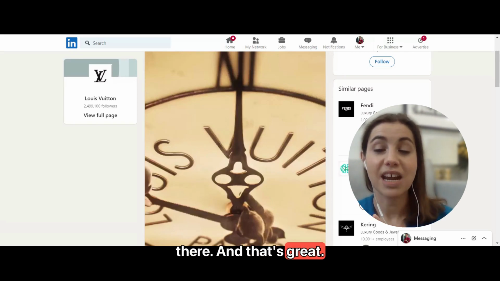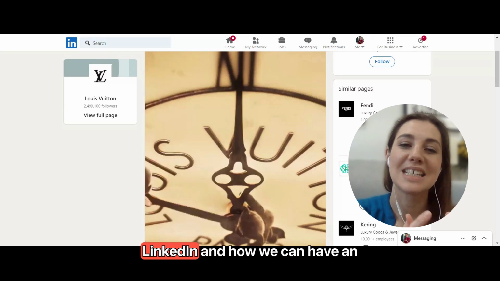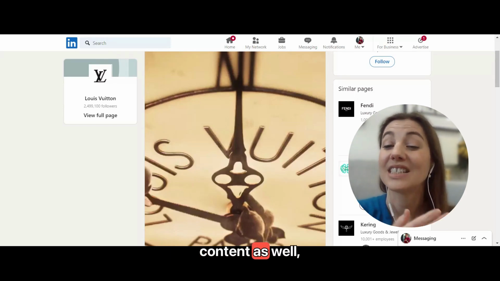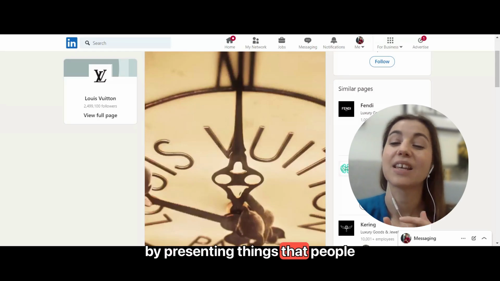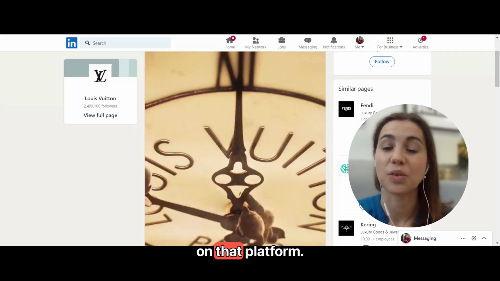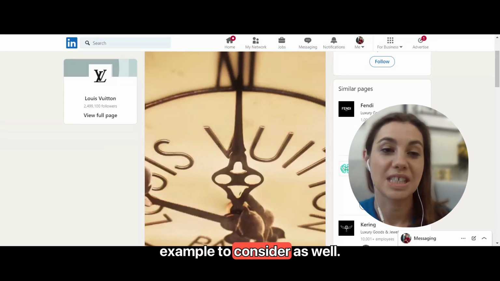And that's great. But is there a moment where we can actually think about LinkedIn and how we can have an impact there, through our content as well, by presenting things that people might not necessarily expect on that platform. So I think that's a really great example to consider as well.